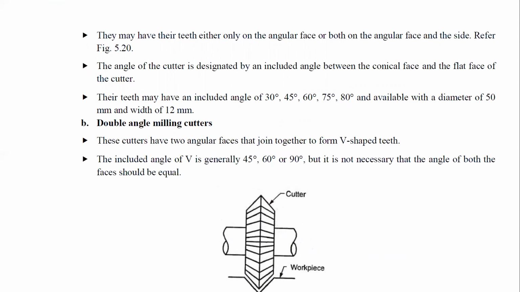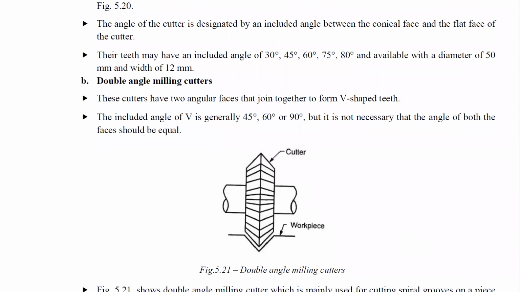The angle of the cutter is designated by the included angle between the conical face and flat face of the cutter. Their teeth may have an included angle of 30, 45, 60, 75, 80, available with a diameter of 50 mm and width of 12 mm.